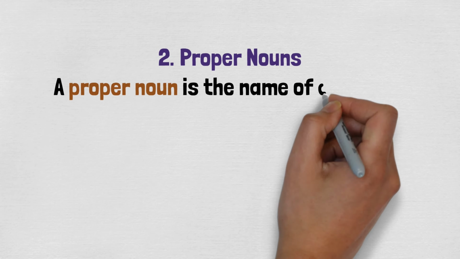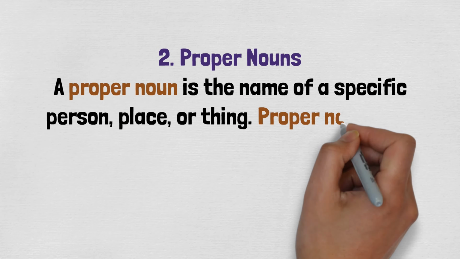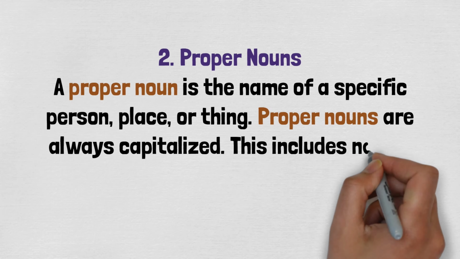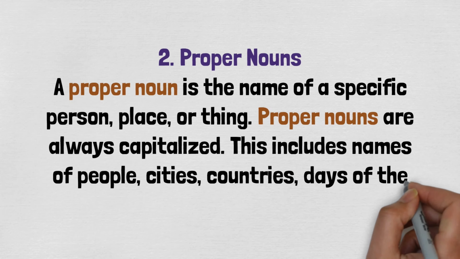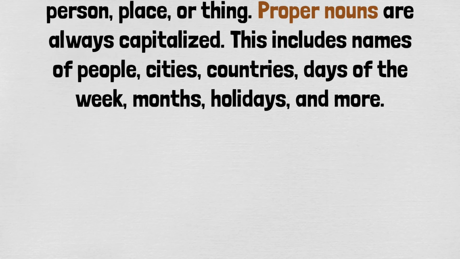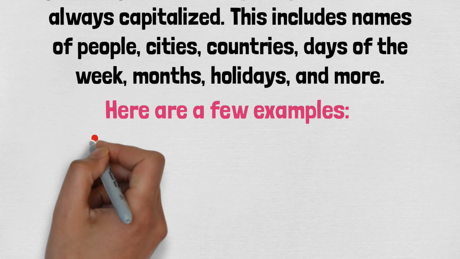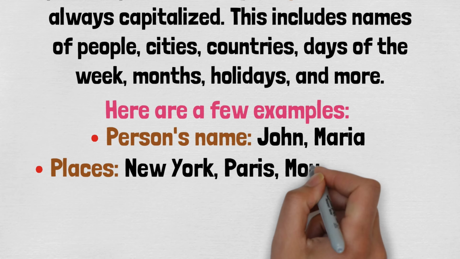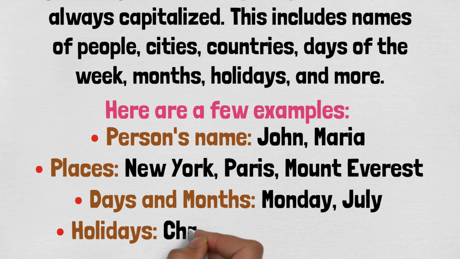2. Proper nouns. A proper noun is the name of a specific person, place, or thing. Proper nouns are always capitalized. This includes names of people, cities, countries, days of the week, months, holidays, and more. Here are a few examples.